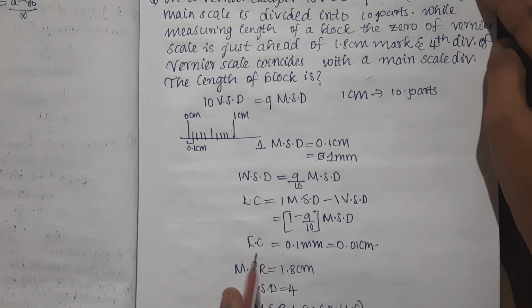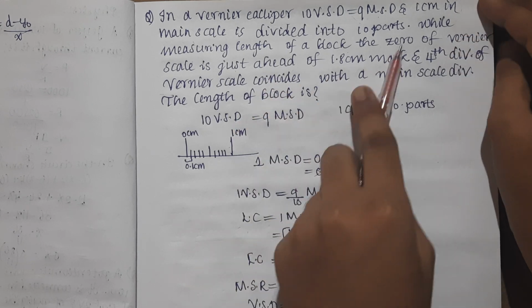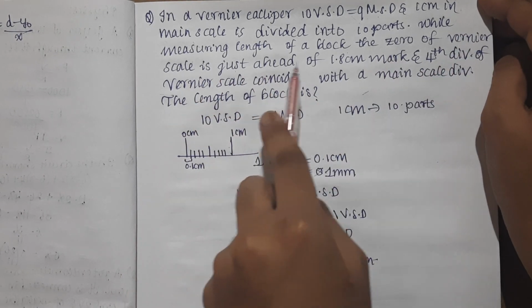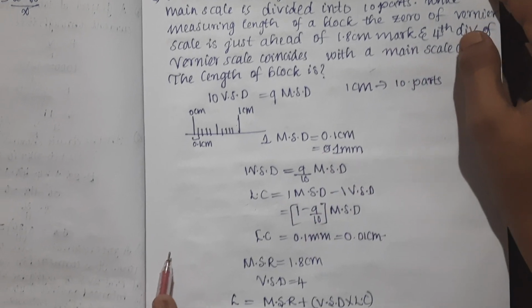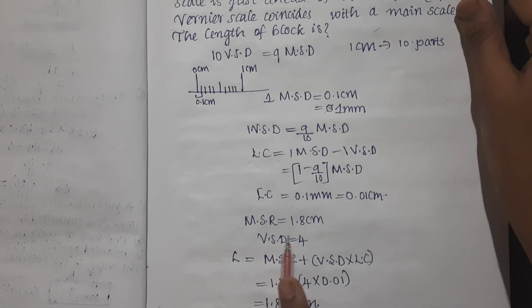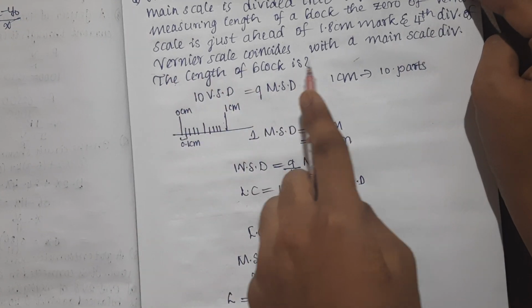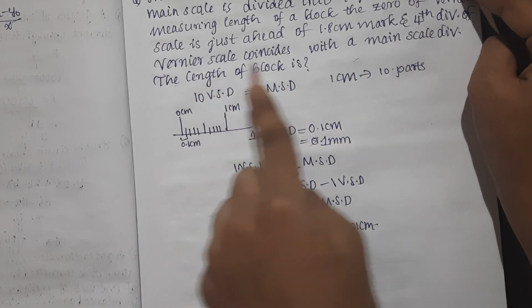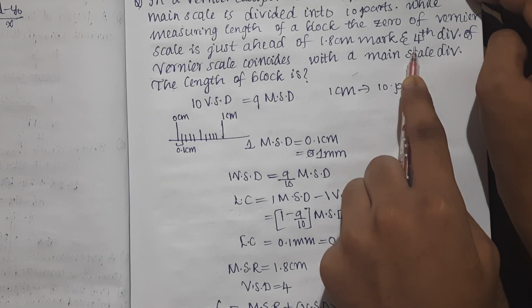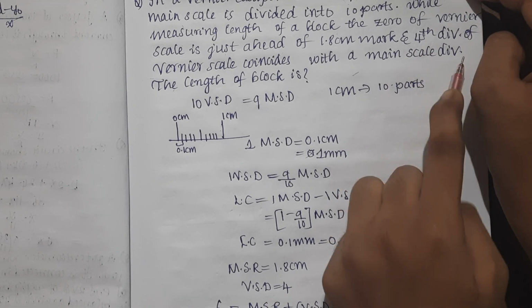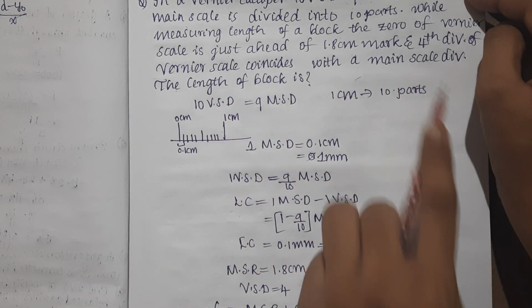And here they have mentioned, while measuring the length of a block, the zero of the Vernier scale is just ahead of the 1.8 centimeter mark. It means your main scale reading is equal to 1.8 centimeter, and the fourth division of the Vernier scale coincides with a main scale division.